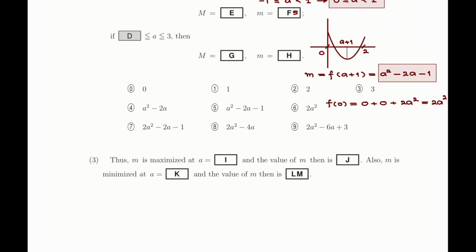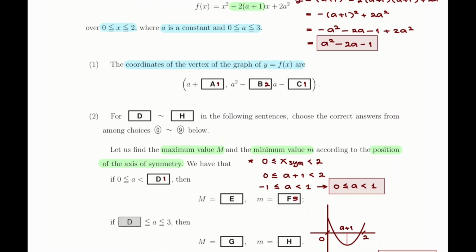And then if I substitute 2, I will obtain 2 square minus 2 times (a plus 1) times 2, since x is equal to 2. 2 times negative 2 is negative 4, so negative 4 times (a plus 1).